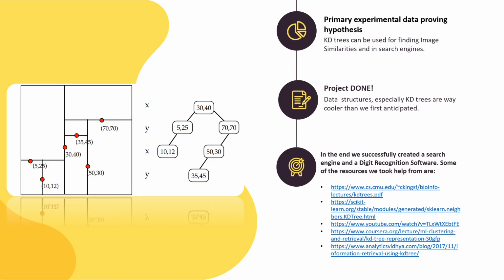We basically started off by using KDTrees in search engines for text. And while that worked wonders, KDTrees worked exceptionally well in using their nearest neighbor algorithms to find similarities between different images. You might have noticed that Google has a feature for searching for visually similar images.